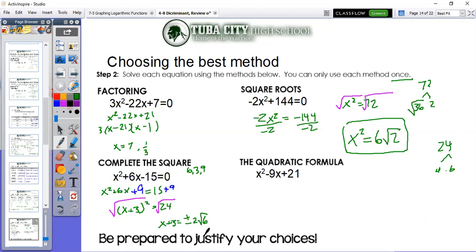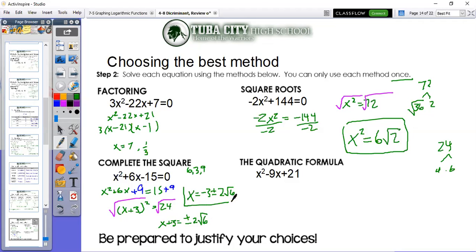And it looks like we're going to have an irrational number. So this is why it's a good idea to know what the discriminant is before having to carry out the solution. So let's go ahead and write our answer down. So I'm going to minus 3x from both sides. So negative 3 plus and minus 2 root 6.